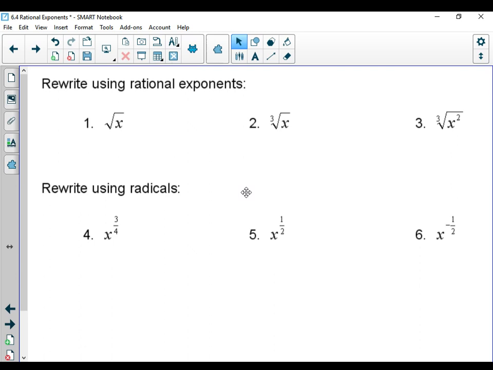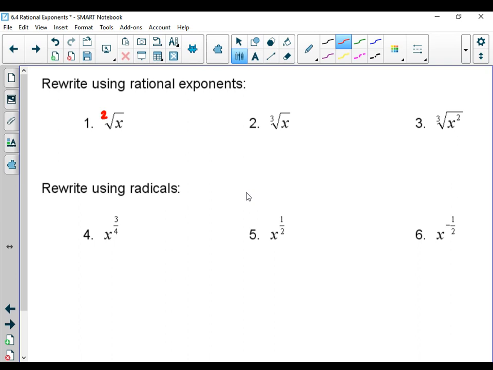Okay. So the first three problems, we are going to rewrite these as rational exponents. Number one is one that you need to become very familiar with because that's the one we're probably going to use the most in logarithms. Okay? So when nothing is written with the radical, what's my index? 2.